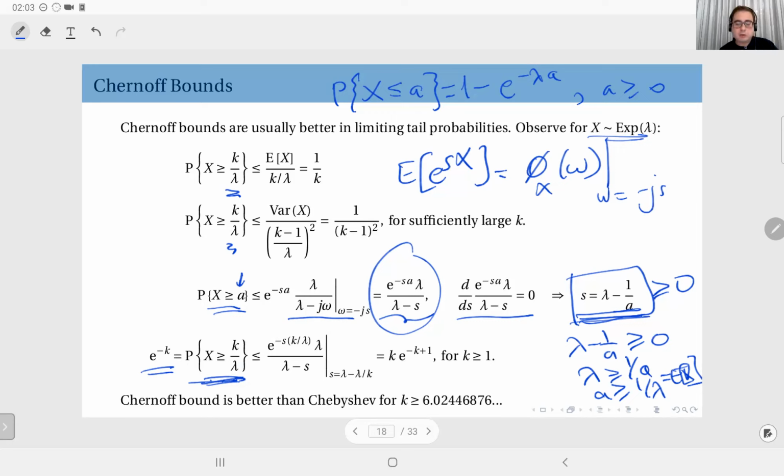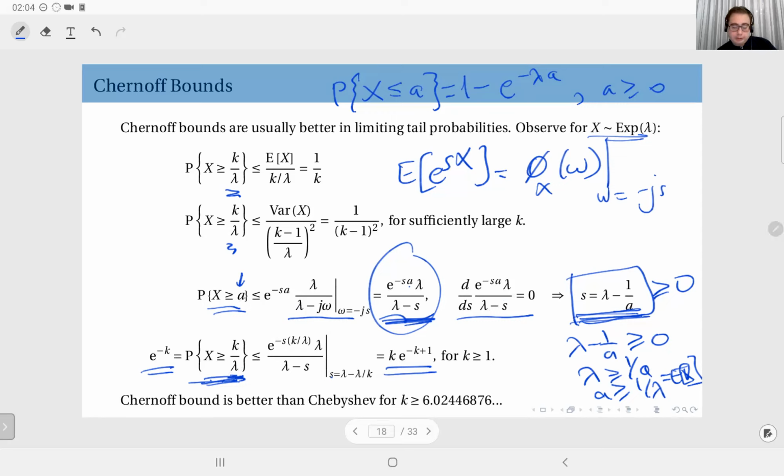But let's just see how the Chernoff bound behaves. Instead of a, just put k over lambda, and instead of s, put lambda minus 1 over a, where a is k over lambda. Rearrange it, you get k times e to the power minus k plus 1.